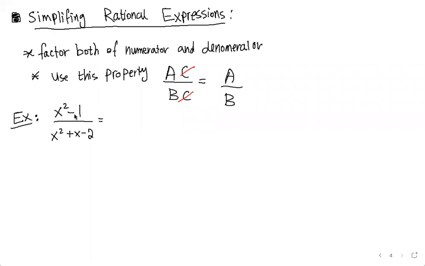First, we factor the numerator, we factor the denominator, we cancel wherever it is possible to cancel. What's the factor for the numerator? x minus 1 times x plus 1.